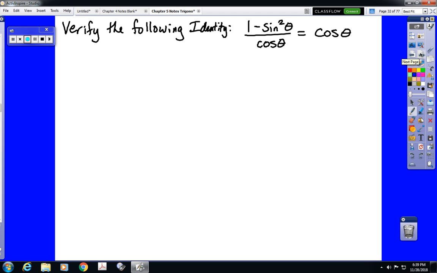On the next problem here, again, we should see the left side as the more complex side. So 1 minus sine squared theta over cosine theta. We are going to replace the top of this expression using that same trick we've been using over and over again. 1 minus sine squared is equivalent to cosine squared.